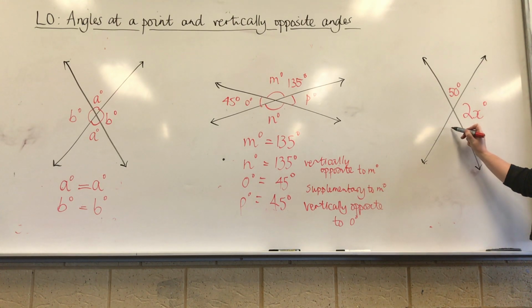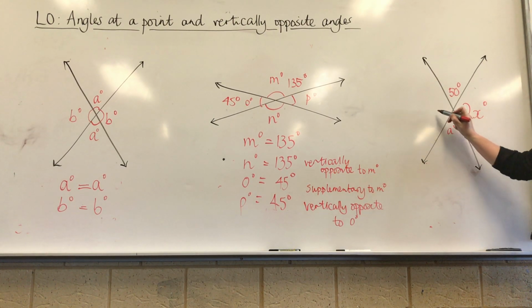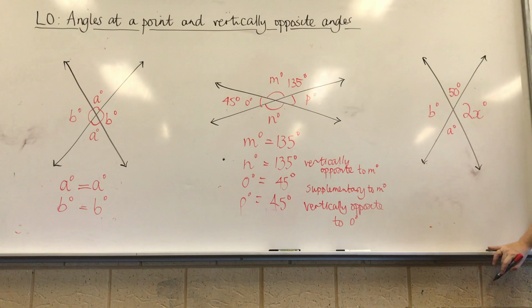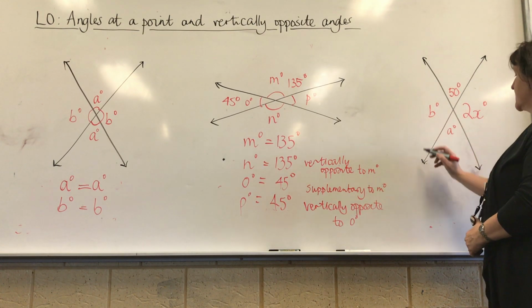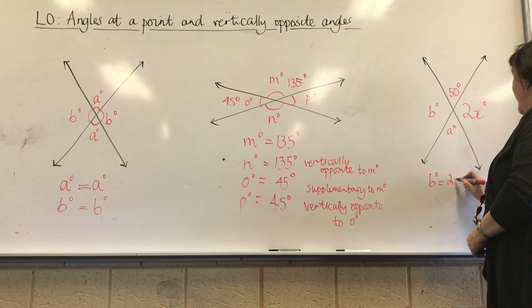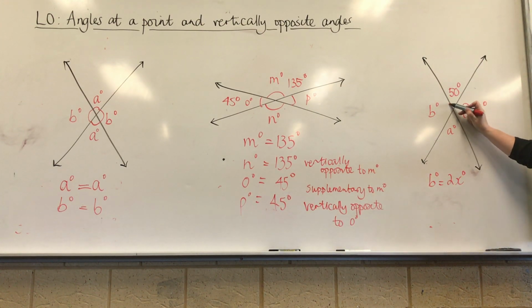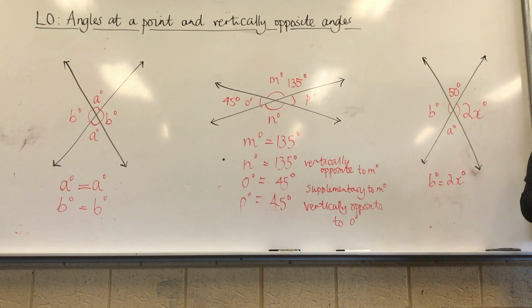If we call this one A again and call this one B, what do you know? Cameron? B is 2x as well, because they are vertically opposite angles, so they're the same size.